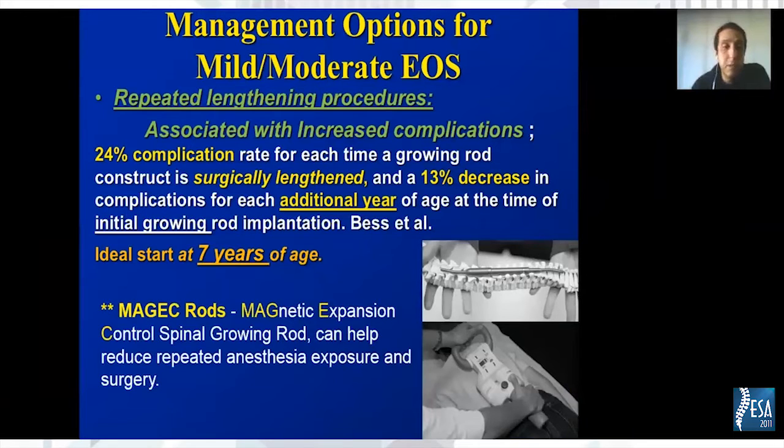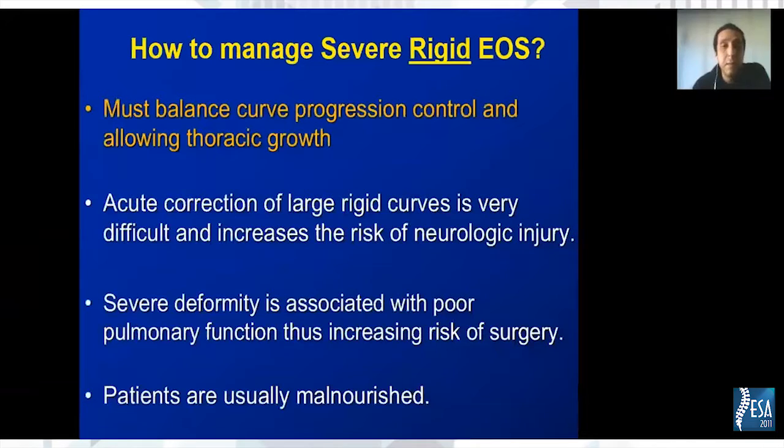And there's a 13% decrease in the complications the later you start the initial implantation. So some authors have recommended the age of 7 as the time to start growing rod constructs, provided that the curve is not getting too big. Newer technology, such as the magic rod, has helped a little bit on this front with decreasing the complication rate, since the lengthening can take place in the office.